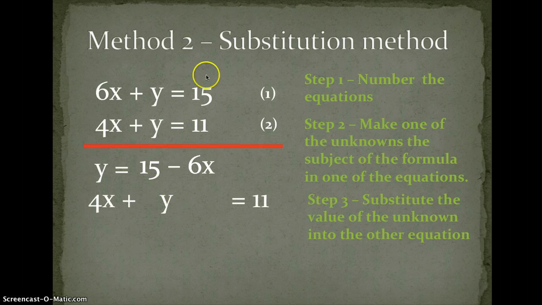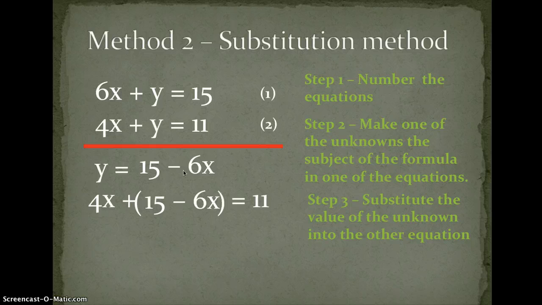Okay, so I'll have 4x. I'm copying this, 4x plus y equals 11. I can change y and plug this expression in here because I can substitute y by 15 minus 6x. So that's what I'm going to do. I'm going to put that in there.